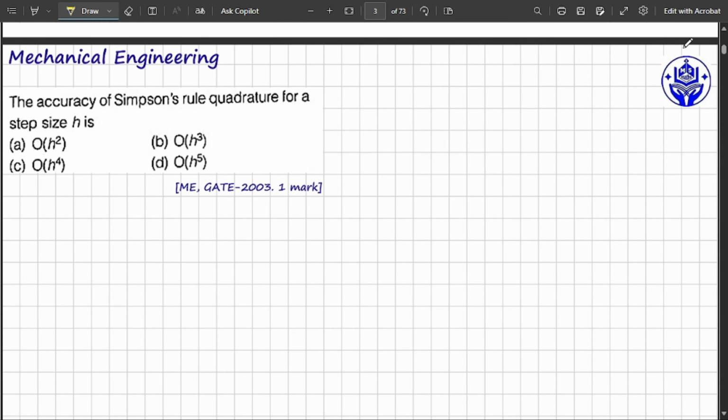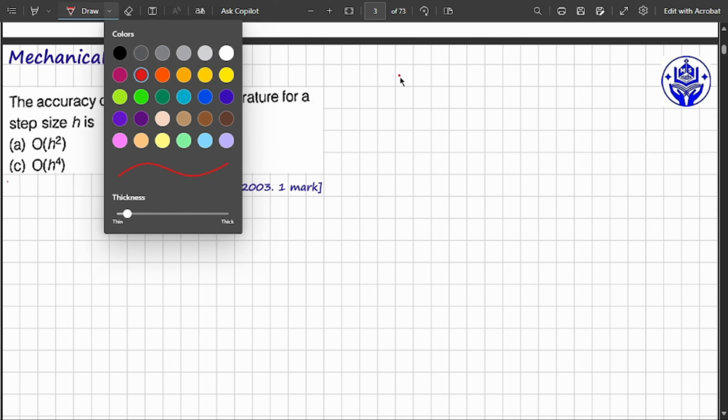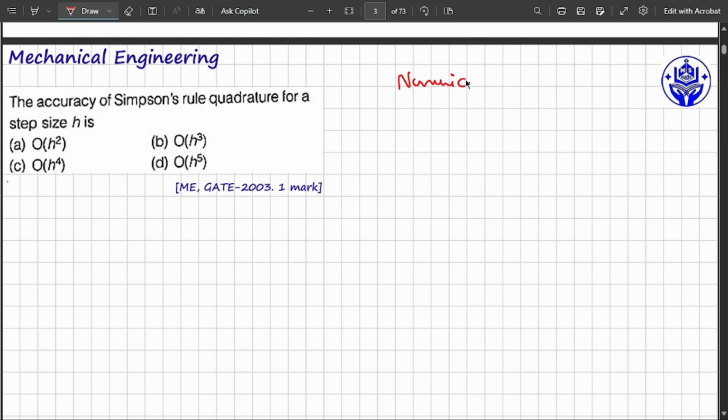This is from mechanical engineering, and the question is about the accuracy of Simpson's rule quadrature for step size h. What is Simpson's rule? It is a simple method to solve numerical integration.